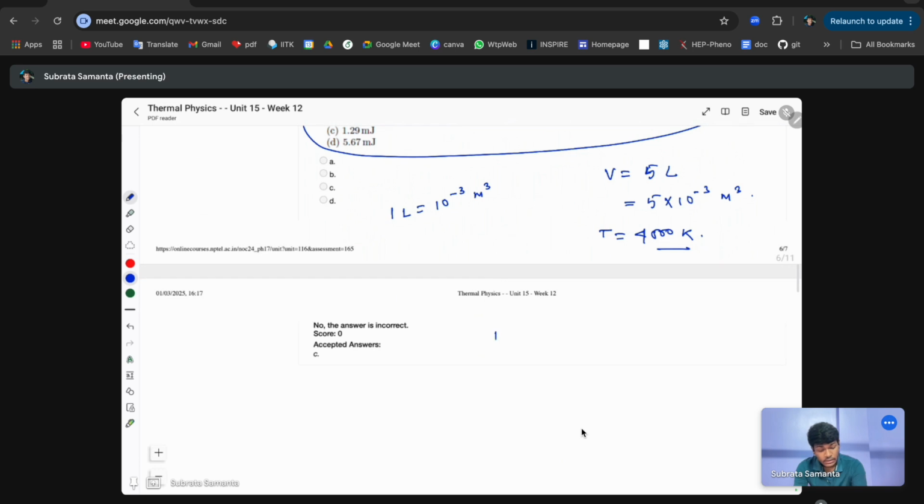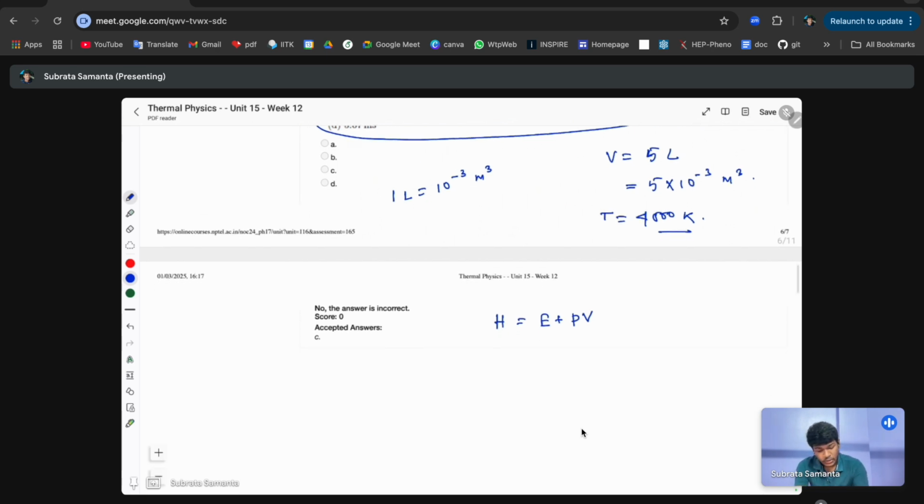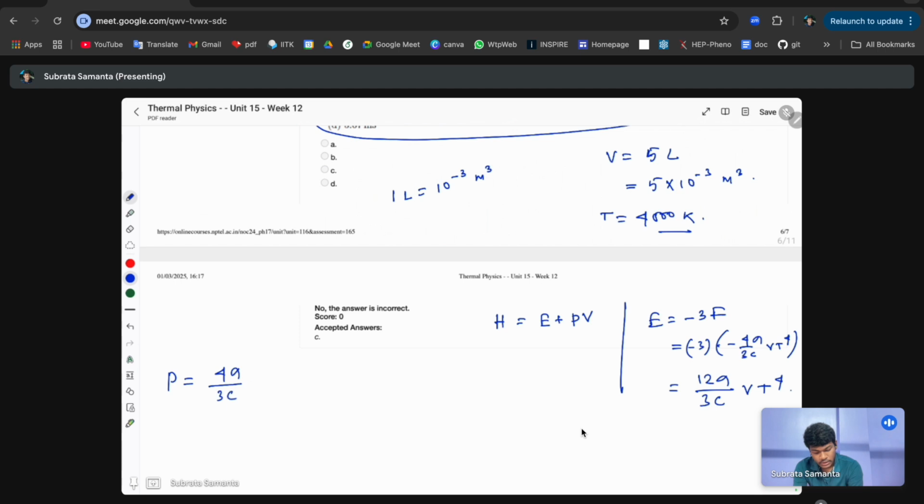So H is basically E plus PV, right? E is the internal energy, and we know that energy is basically minus 3F, the free energy. So this is basically minus 3 times minus 4 over 3 sigma over c Vt to the power 4. Therefore it's 12 sigma over 3c Vt to the power 4, and the pressure P is basically 4 sigma over 3c T to the power 4.